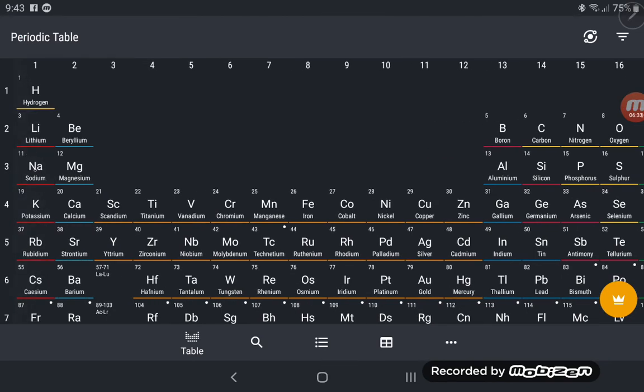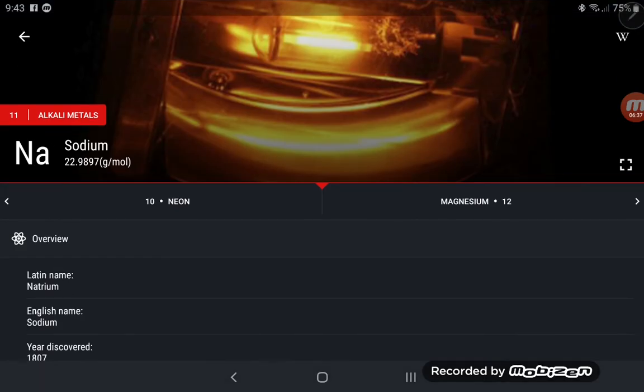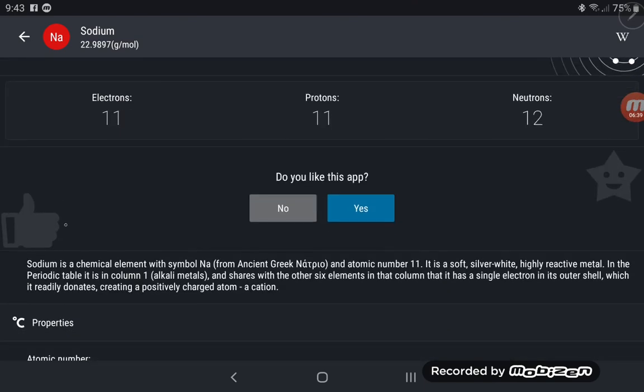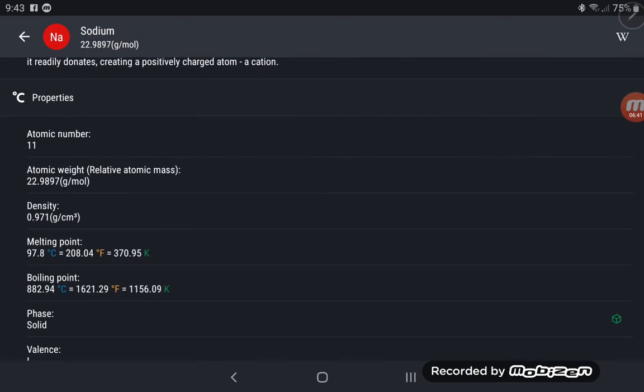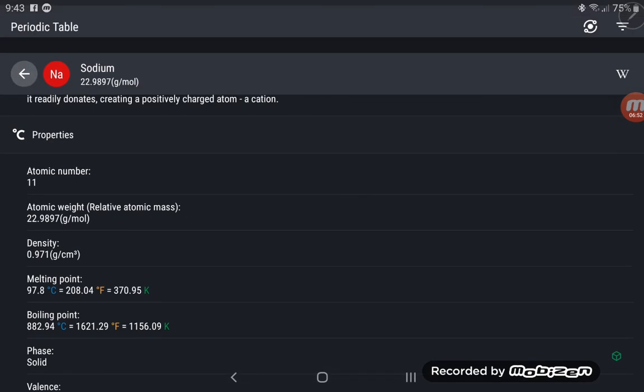Sodium is in the first group of elements here, and so let's try to figure out its atomic number and atomic mass. Its atomic number is 11, and its atomic weight is 22.9897, giving us the mass number of 23.